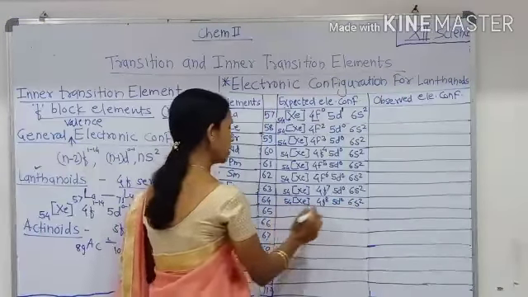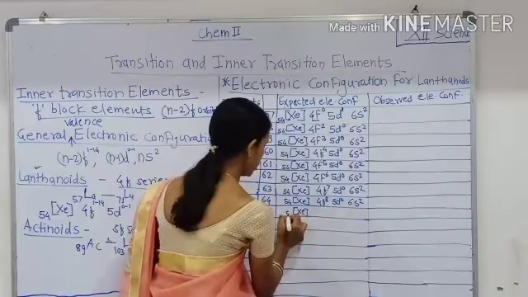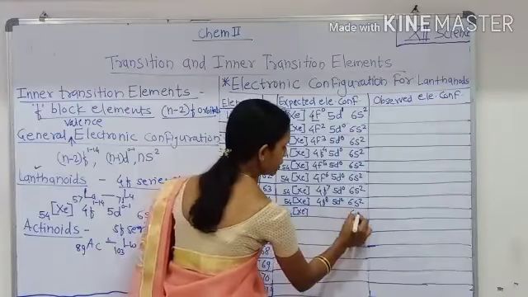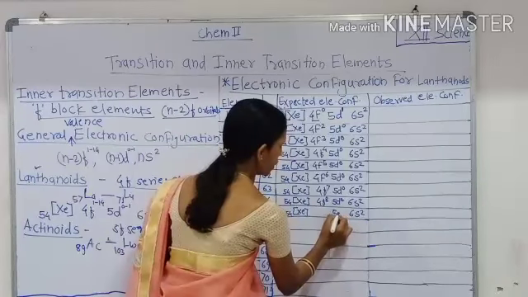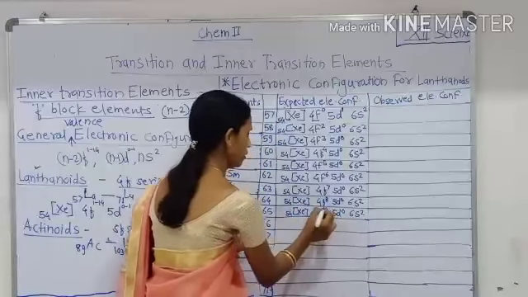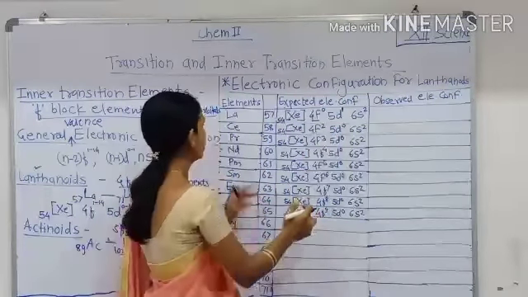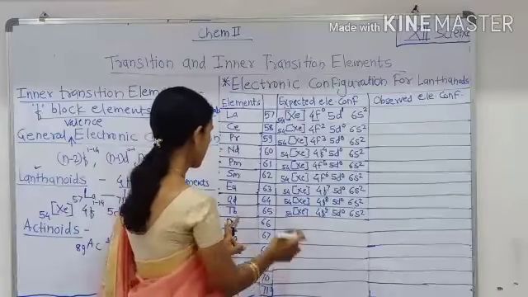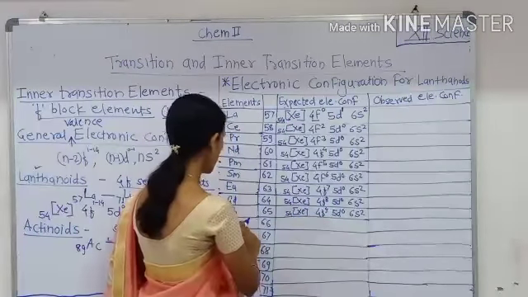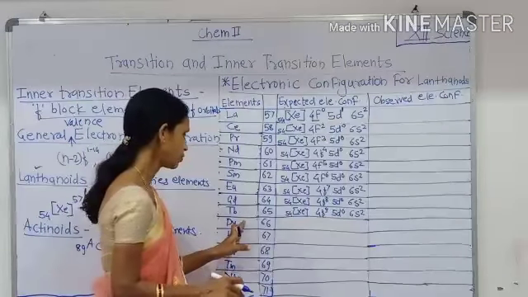For terbium, it is xenon 54, 6s2, 5d0, 4f9. Here the 4f orbital is progressively filled up from cerium.